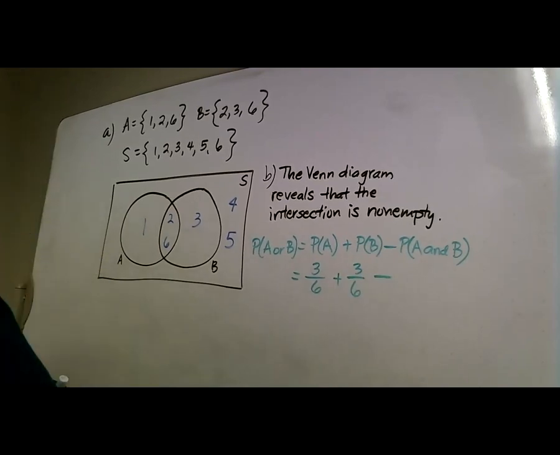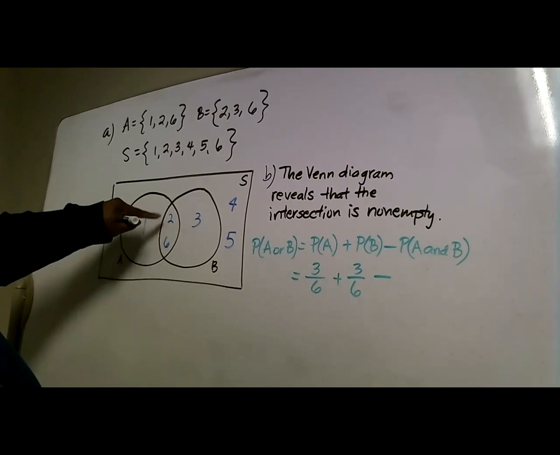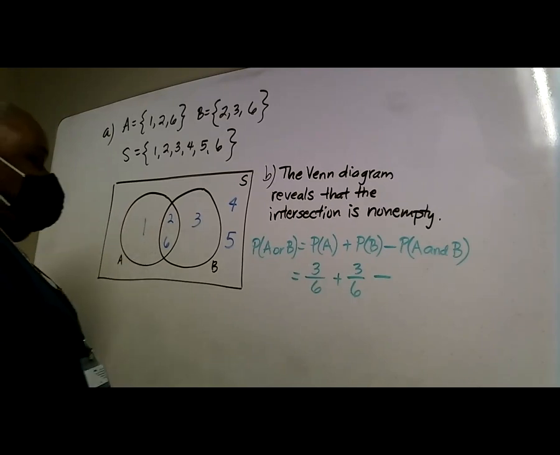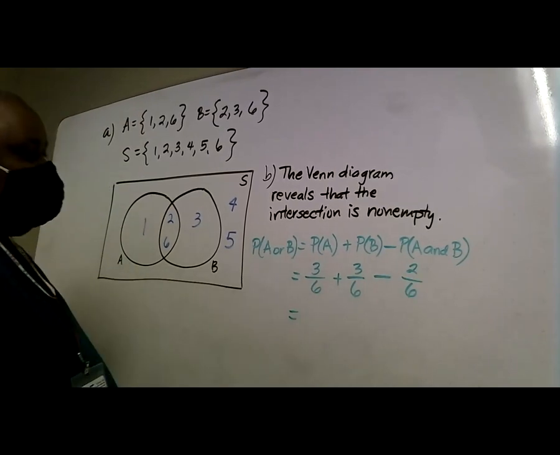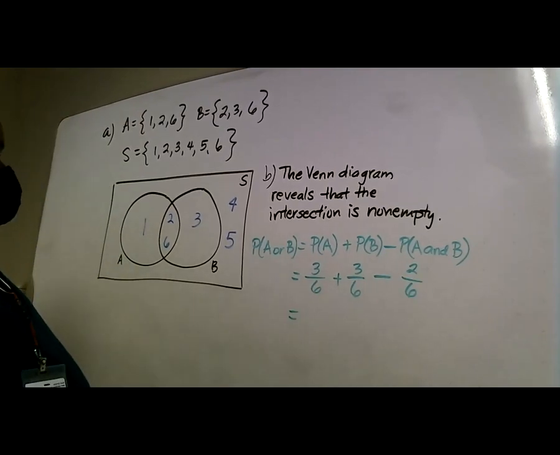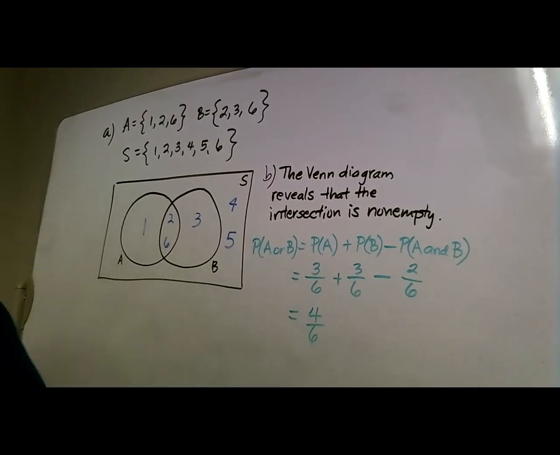But here we got to subtract out the intersection of A and B. Here there are 2 numbers that are intersecting out of 6. So this would be 3/6 plus 3/6 minus 2/6. That's going to be 4 over 6.